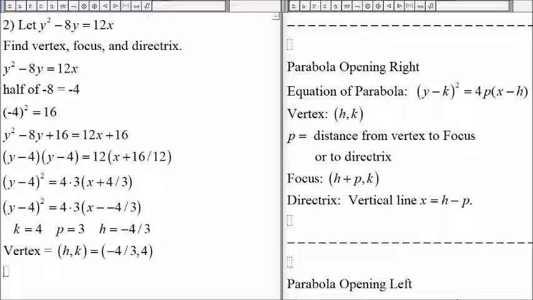And then the focus will be h plus p comma k. And so it would be negative 4/3 plus p, which is 3, and comma 4.